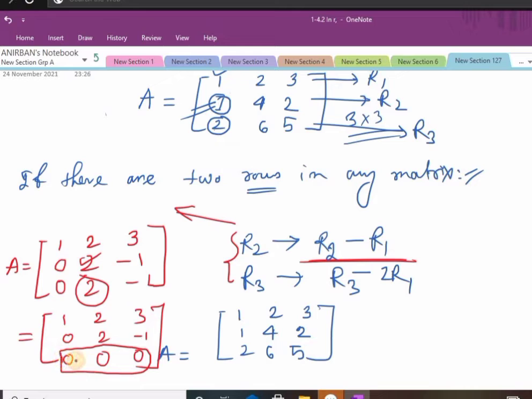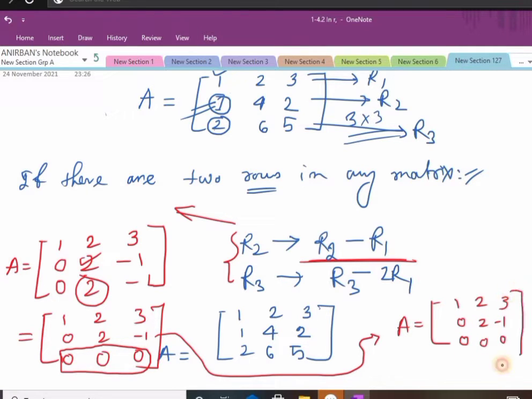We have the matrix A equals 1, 2, 3, 0, 2, minus 1, 0, 0, 0. This matrix has the rank of 2 because you have 1 completely zero row and 2 non-zero rows. So this is the rank of the matrix.